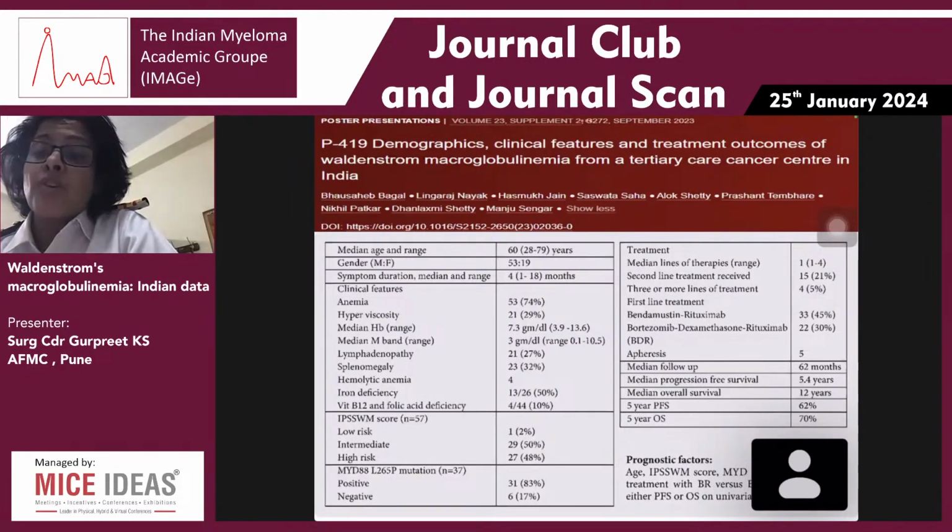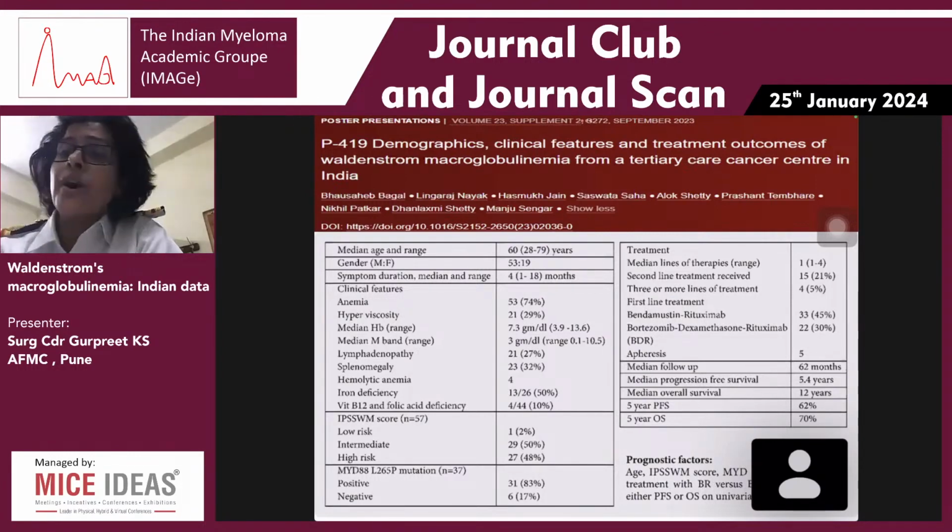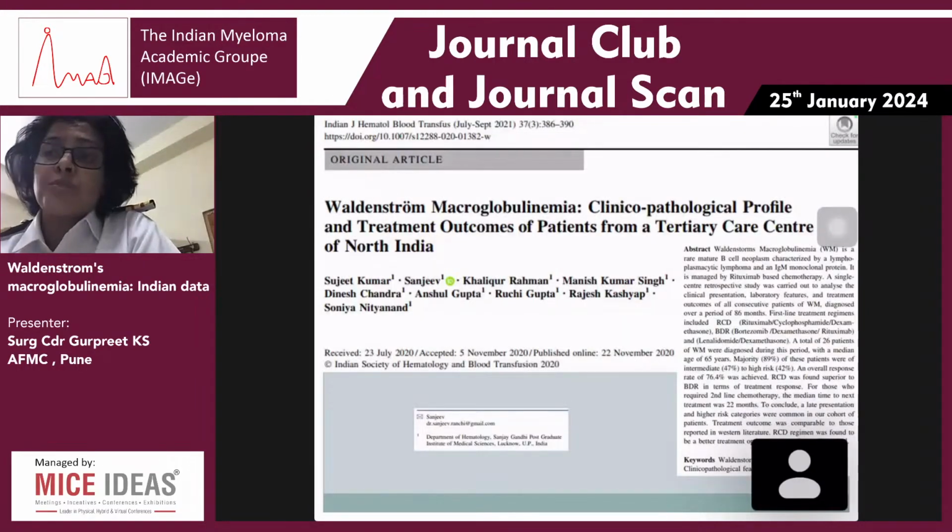In the median follow-up of 62 months, they had a 5-year progression-free survival of 62% and a 5-year overall survival of 70%. So this was a large study, but it was a poster, so I could not get very many details.